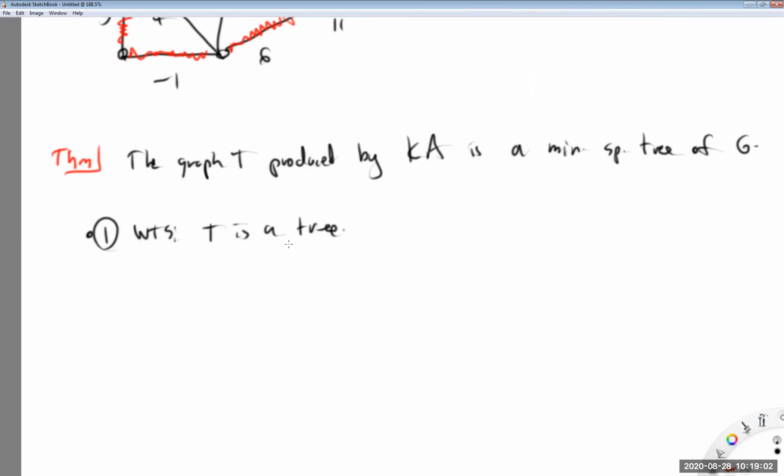It's a connected graph with a unique path between every pair of vertices, or maybe a connected graph without cycles. Is that what we did first? Yeah, exactly. Let's use that definition, although any of those definitions from the equivalence list could be useful to us here. But let's note that it's connected and has no cycle for this case. So connected and no cycle.